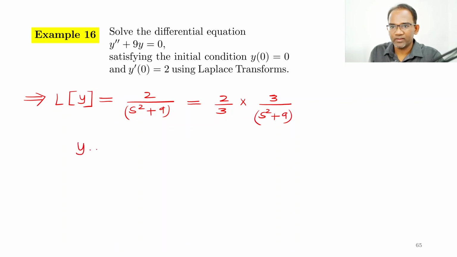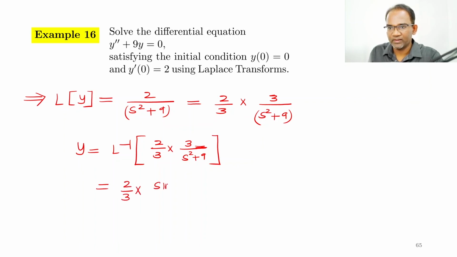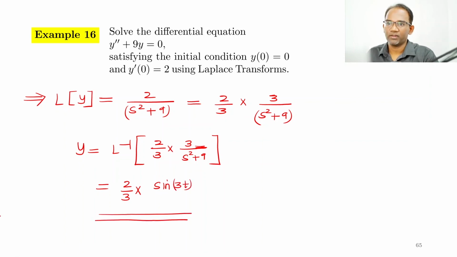And y is the inverse Laplace transform of 2 over 3 times 3 over (s² + 9), and this is equal to 2 over 3 times sin 3t. So this way we can find the solution of ordinary differential equations using Laplace transform.